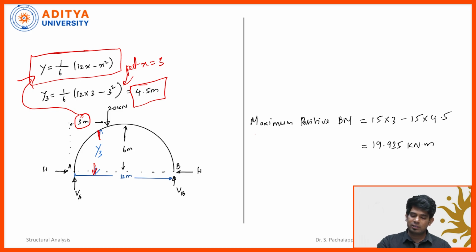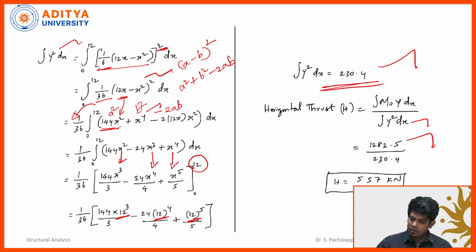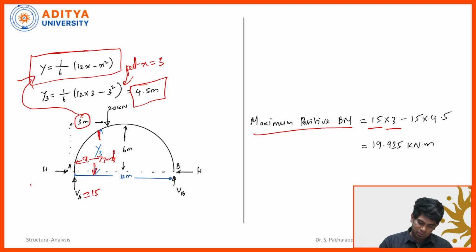Now I am going to calculate the maximum bending moment. We know the VA value is 15, and 15 multiplied by this x distance, which is 3 meters. So 15 multiplied by 3. Then this H value we just calculated, which is 5.57.